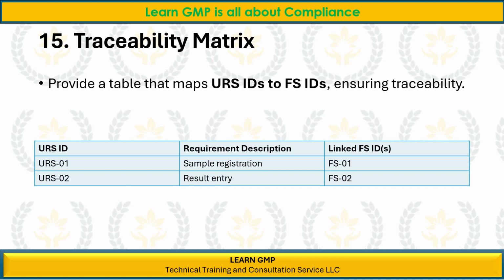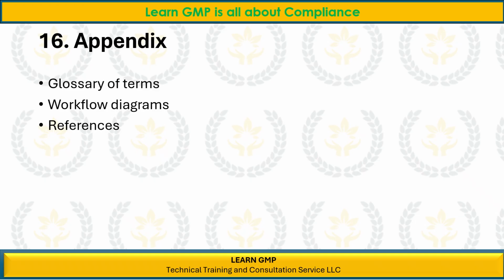URS01, requirement description: sample registration, linked FSID: FS01. URS02, requirement description: result entry, linked FSID: FS02. Appendix. Glossary of terms.